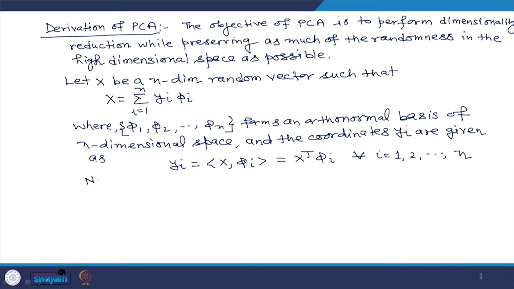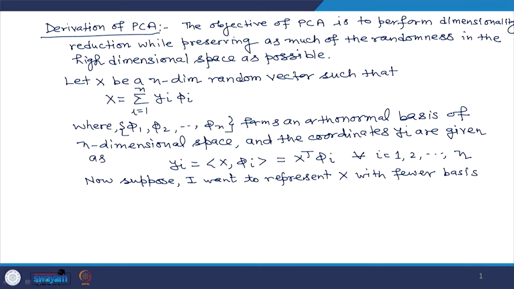Now, suppose I want to represent x with fewer basis vectors, say m, where m is less than n.